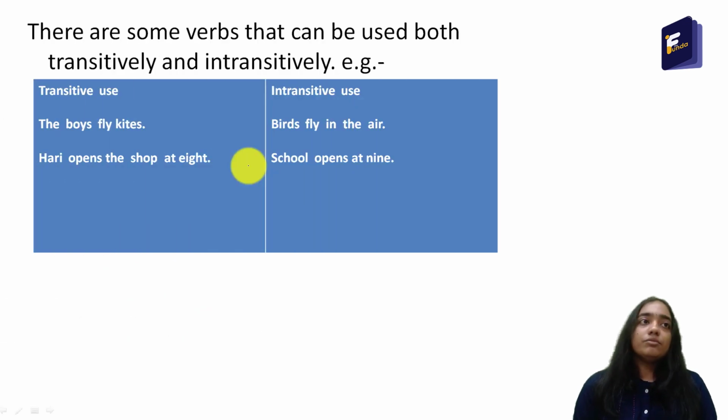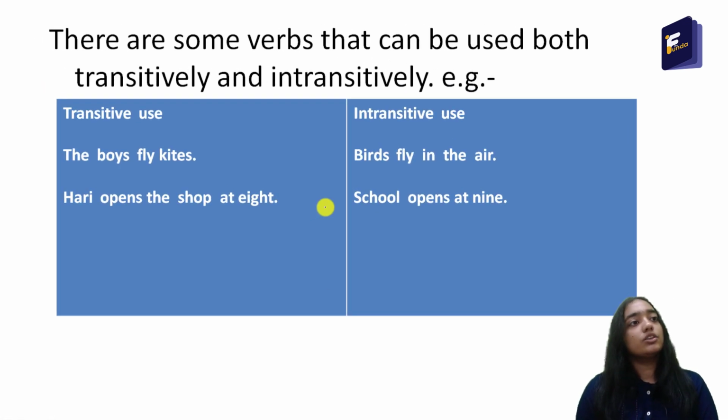There are some verbs that can be used both transitively and intransitively. For example, the boys fly kites. Here the word fly is used as a transitive verb. But in this sentence, birds fly in the air, the verb fly is intransitive.